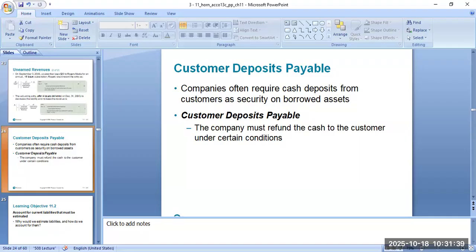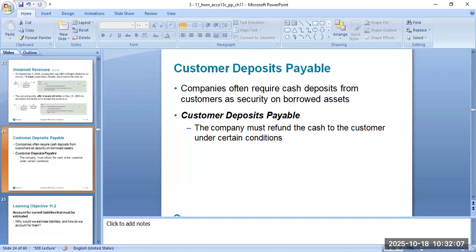The car dealership says, okay, but in order to consider you as a customer, you have to give a deposit, $5,000. Is that $5,000 an obligation for the company to the customer? Absolutely. So the company must refund the cash to the customer under certain conditions.